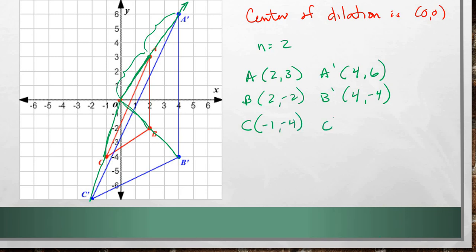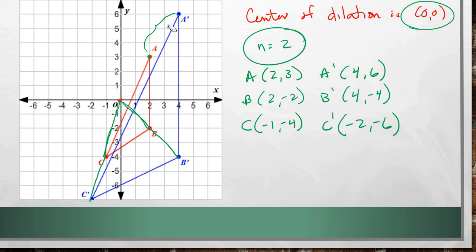And C is at -1, -4, whereas C prime is -2, -8. So my dilation factor here is 2. The center of dilation is the origin, and I can easily find from my pre-image, I can calculate my image. We'll do another one of these in class together.